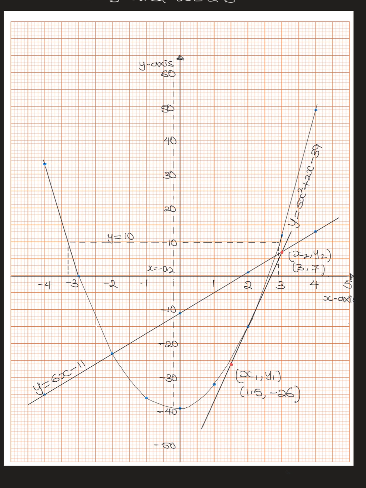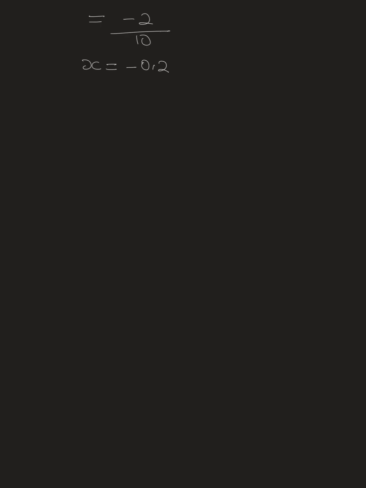So with these values, we can find the gradient of the graph. Question 5. The gradient at x is equal to 2. We use the letter m for gradient, which is equal to the change in the y divided by the change in the x values.